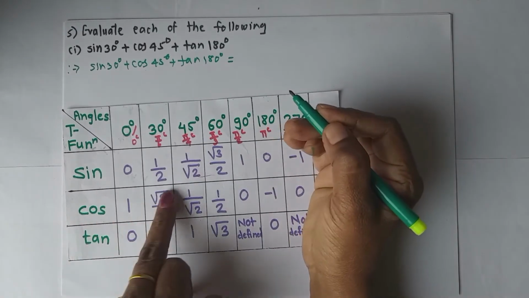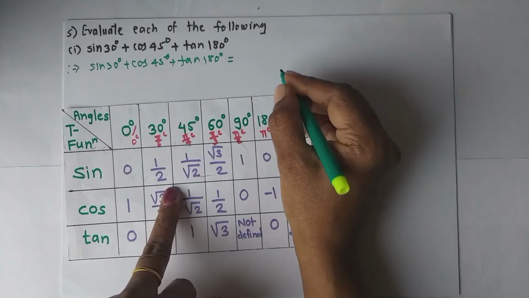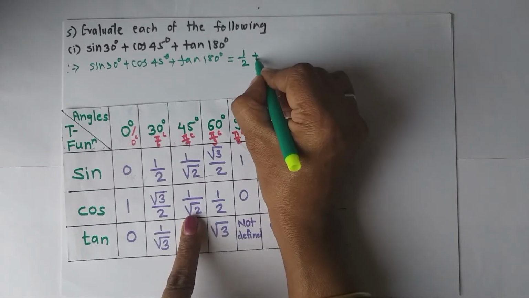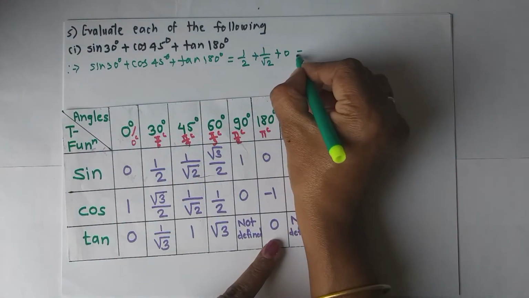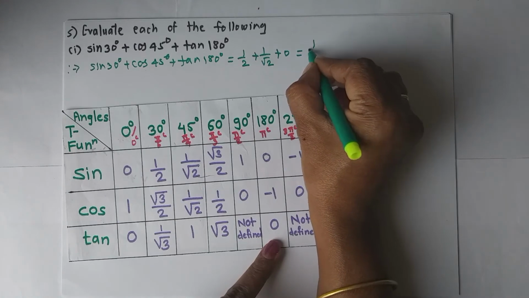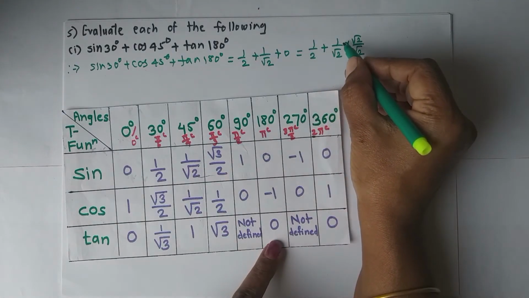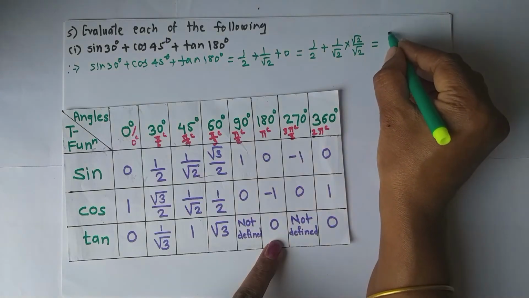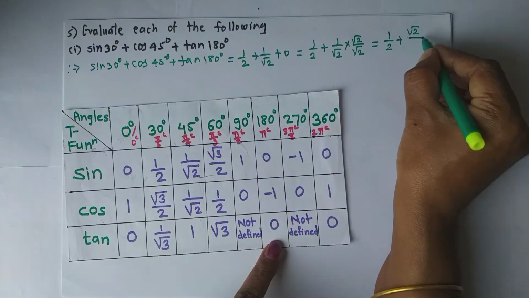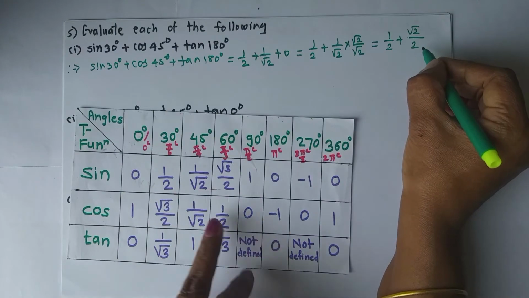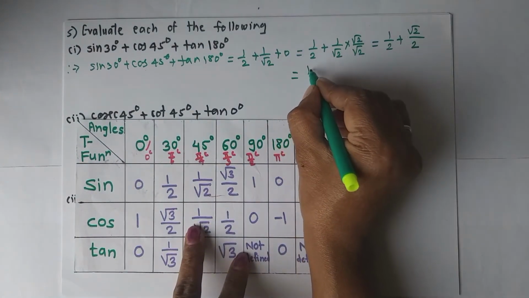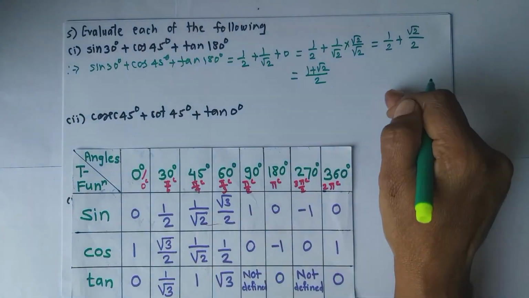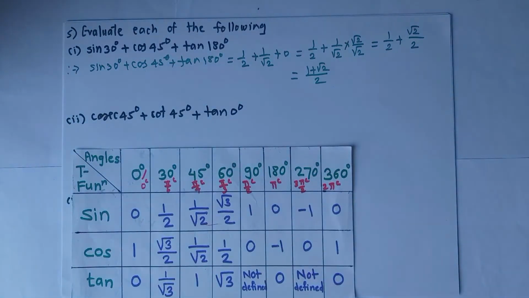Then from this table you write down the values. Sin 30 is half, cos 45 is 1 by root 2, tan 180 is 0. Then it is very simple. Here you write down half as it is. Then for 1 by root 2 you multiply and divide by root 2. After simplification, root 2 over 2. And it is very easy to take the LCM. This is nothing but 1 plus root 2 divided by 2. In this way it is very easy to solve the problem.